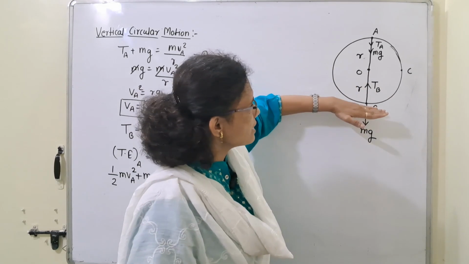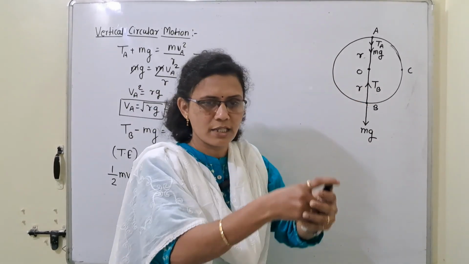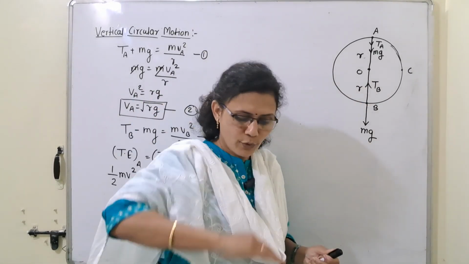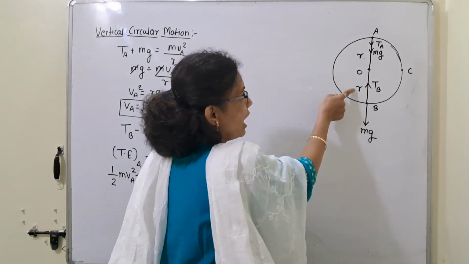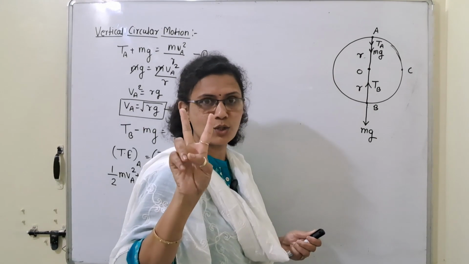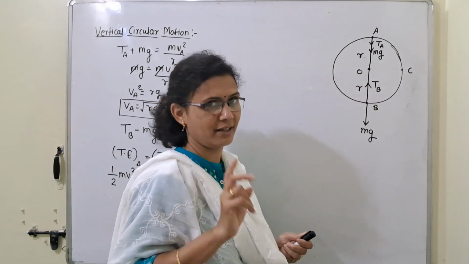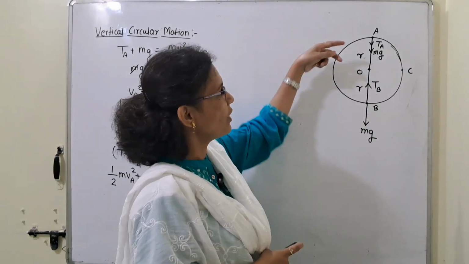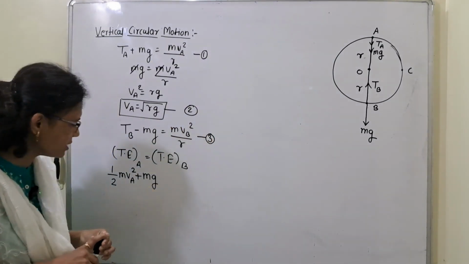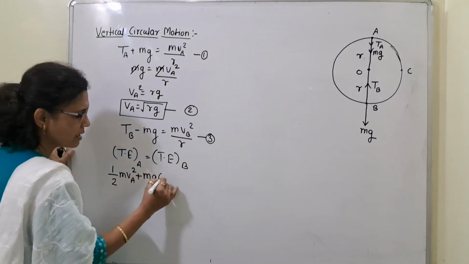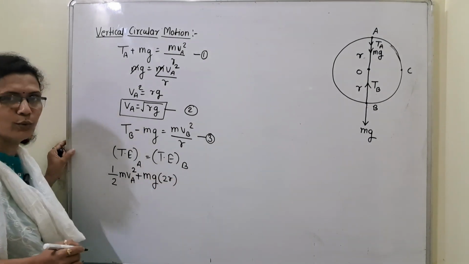If I consider this as the reference position, the bottom point, then from this bottom point the height of A will be r plus r, that is 2r. So h has the value 2r, and I have to write mgh as mg into 2r.